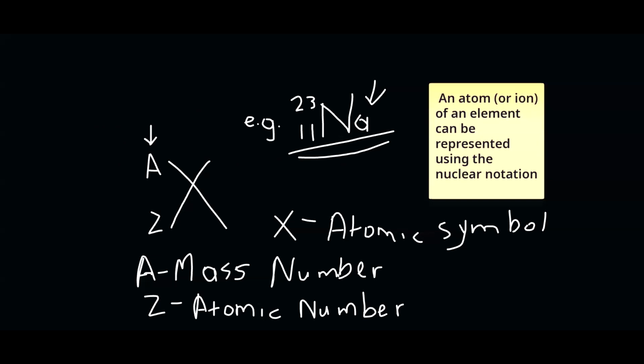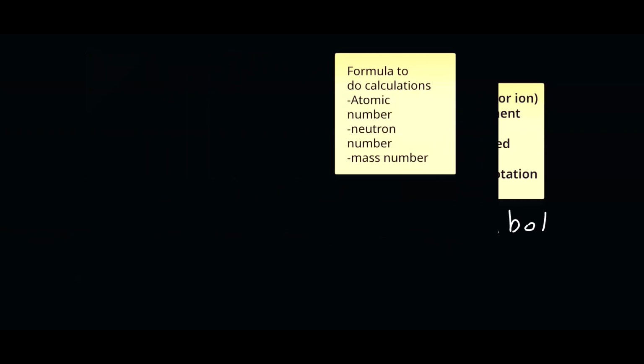Now I'm going to give you the formula for how we work out the atomic number and the neutron number, and in our coming video, we're going to be doing some examples. Remember, A represents the mass number, which equals Z plus N, where N is the neutron number, and Z represents the atomic number.